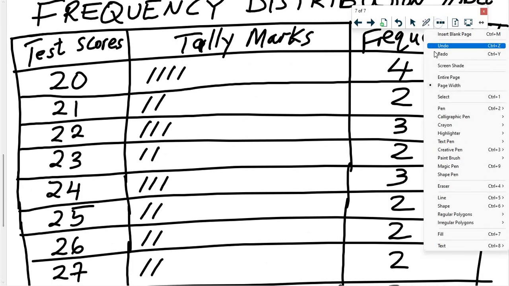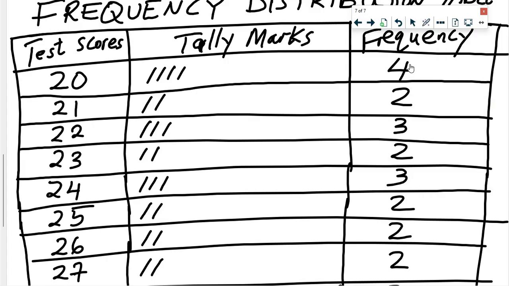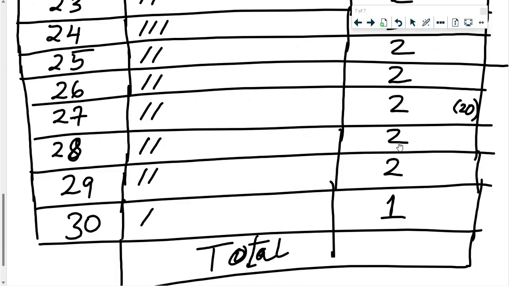So we have until here 6, 9, 11, 14, 16, 18, 20. So until here is 20. Then you have 22, 24, 25.